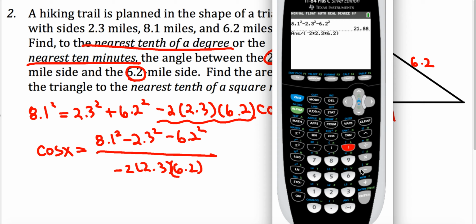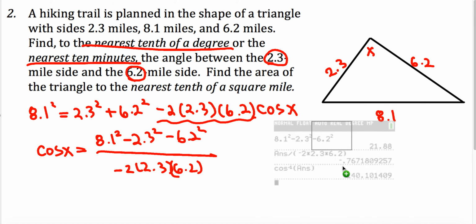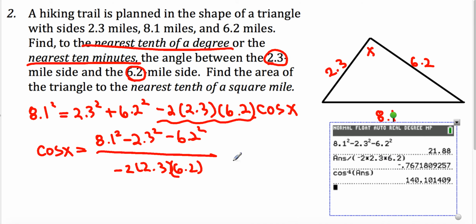I'm going to close the parentheses to let you know that all those things are the denominator. Then I'll get this expression, and what I need is the value of x. So I'm going to do second cosine of the answer that I just calculated. Then I realize that the measure of the angle is 140.1. So x equals 140.101.